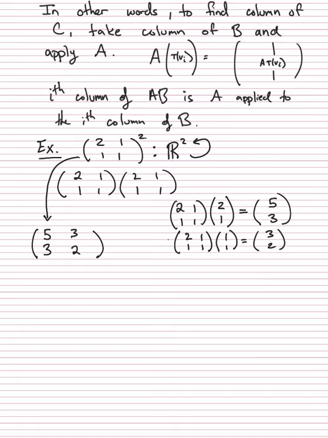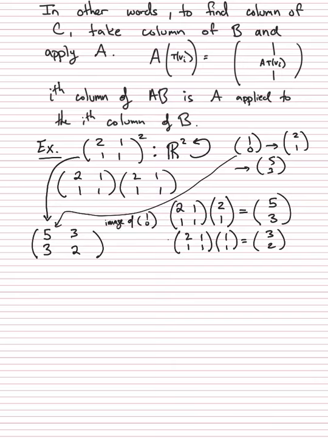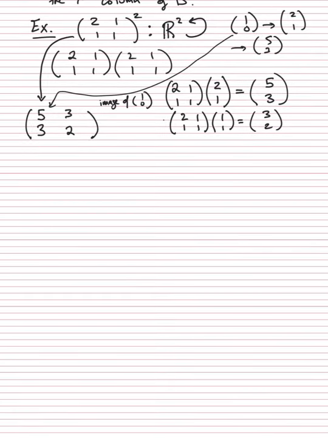If you look at 1, 0, under 2, 1, 1, 1, this goes to 2, 1. And then under 2, 1, 1, 1 again, this goes to 5, 3. And that's exactly what this matrix is representing. This is the image of 1, 0 for the matrix squared.